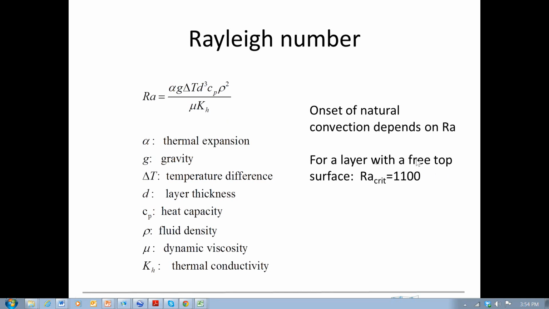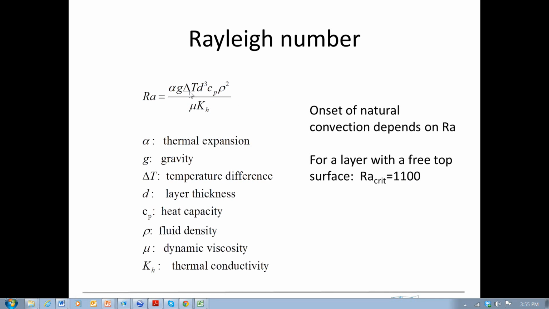For a layer with a top surface that's free, like a water surface, the critical Rayleigh number is about 1100. So once you reach 1100, then convection starts.